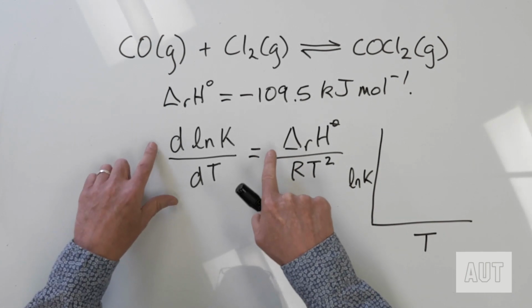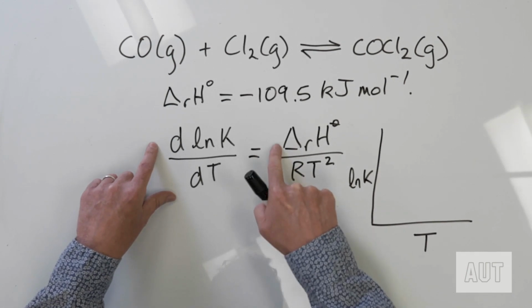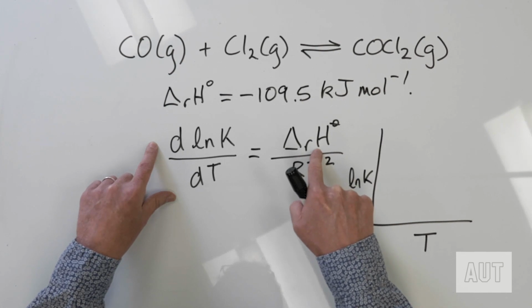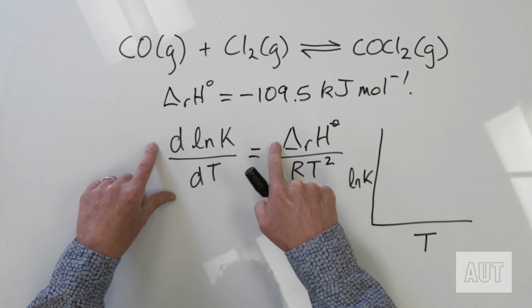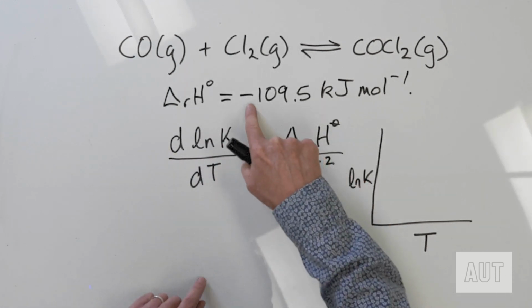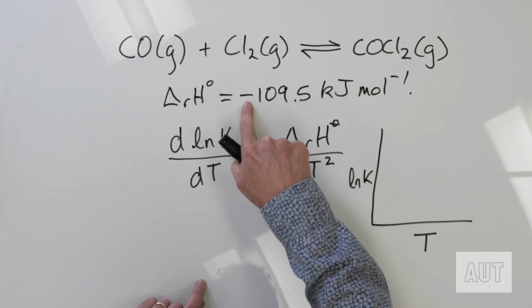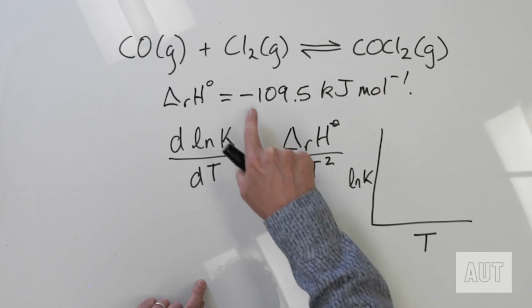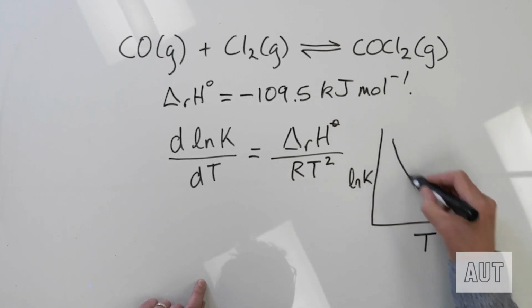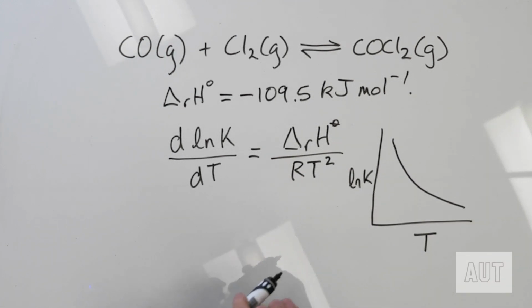And this says that the slope of that graph is given by the sign of delta H standard. So the sign of delta H standard tells you whether the slope of this graph is positive or negative. In this case, the slope of the graph is going to be negative because the sign of delta H standard is negative. So therefore it's going to look like that.